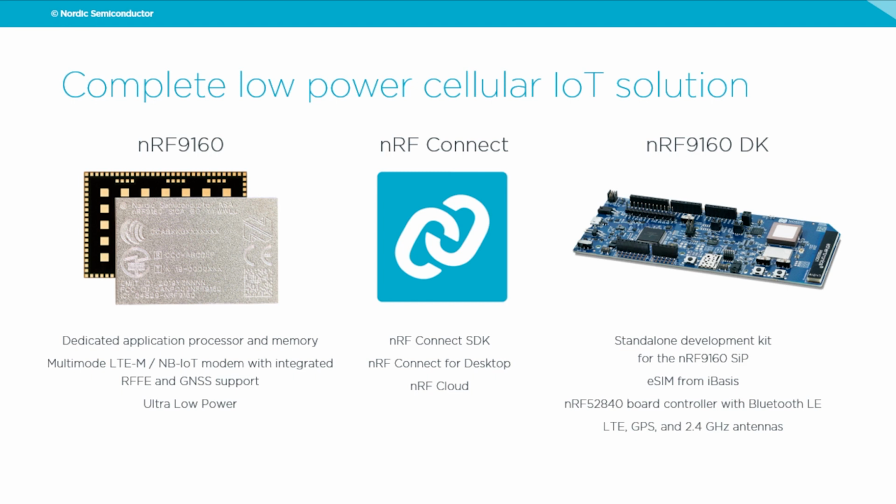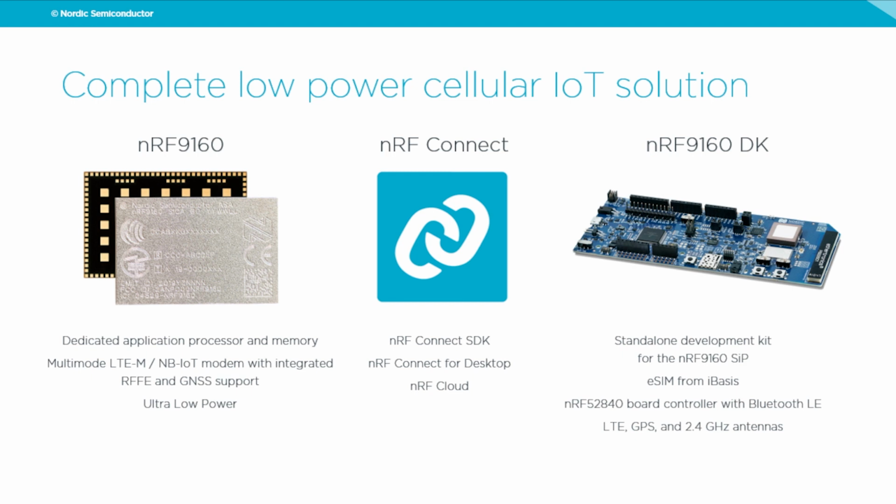We have assisted GPS, predicted GPS, which basically downloads different satellite data from the LTE network before turning on the GNSS receiver to acquire a GPS fix.